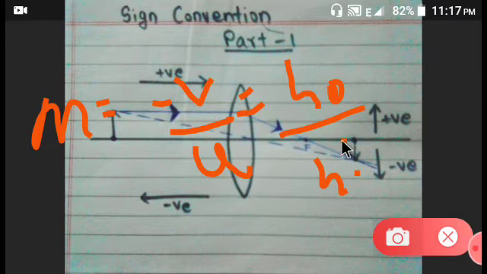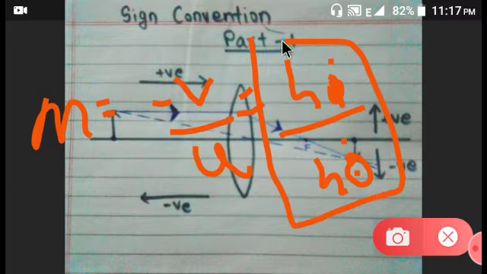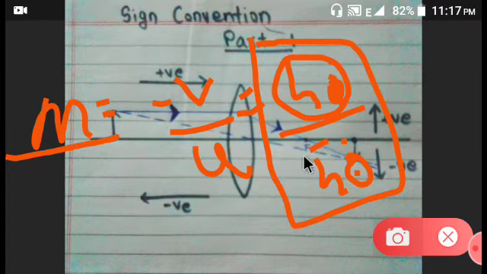Well, wait a minute, it's not object image, it's image object. Let it be anything, we'll be studying it in the upcoming sessions, okay? So this is the formula for magnification, and under this you need to find height of image and height of object.